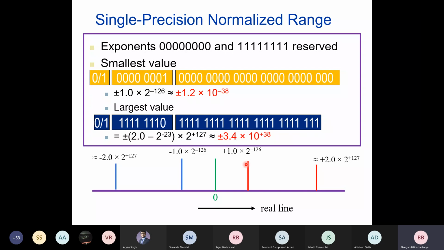So which is this? There is a gap here between 0 and this line. And similarly on the other side is the negative value, this one. So do you follow these boundaries?